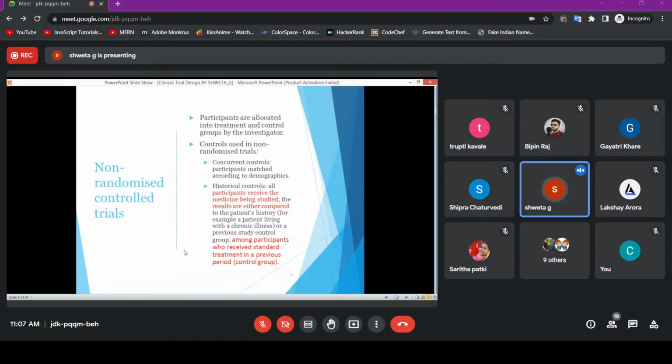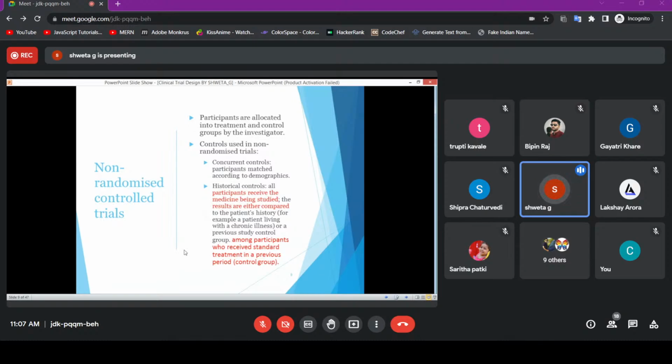The control group and the treatment group have just one difference: the control group does not receive the active test drug, and the treatment group receives it. Other than that, everything is the same, like the age, sex, ethnicity and marital status of the patient. All these things should be the same, and they come under demographics.